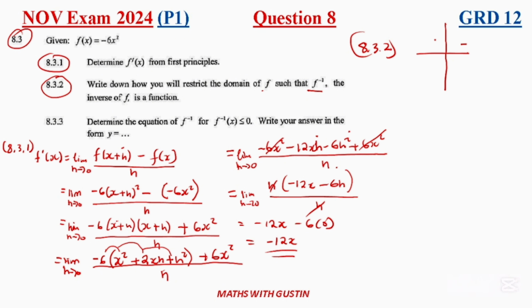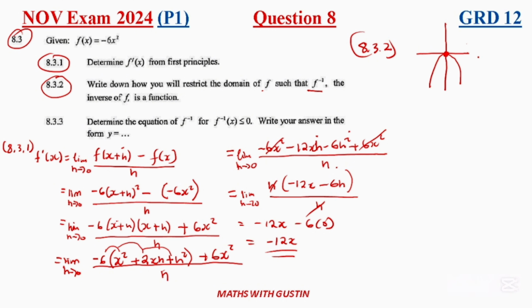In this case, the function looks like that, and it touches somewhere here. They just want you to know that if you were to constrain this function, if you were to break this thing apart, how will you ensure that this thing remains a function?